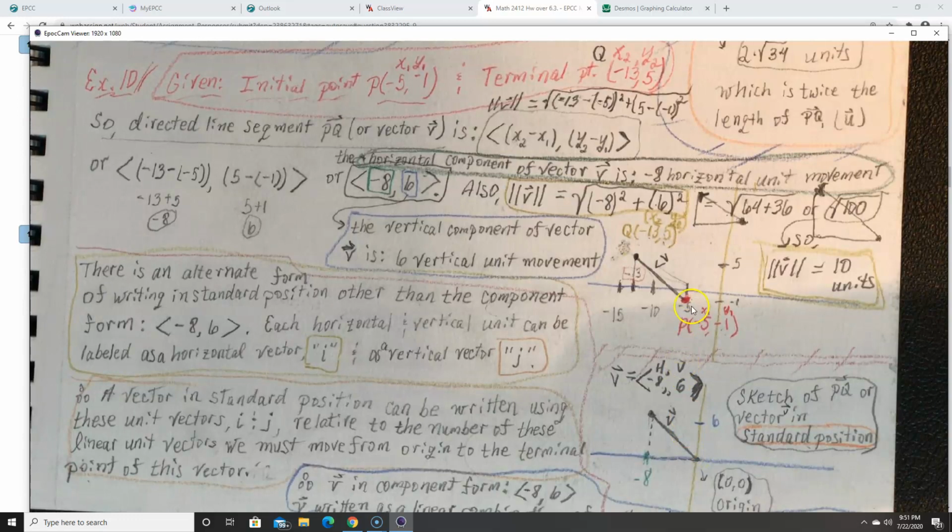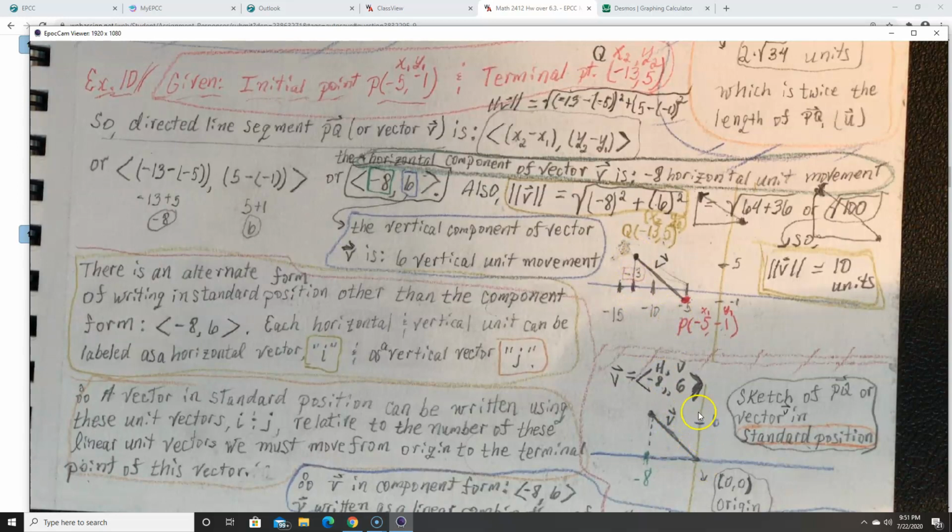It still has the same direction as directed line segment PQ, and it still has the same magnitude, the same length. So they are equivalent, yeah? Okay, so then the other question was to write this vector now in component form, which means how much is the movement? You can think of it in two ways. From the initial point to the terminal point, what is the horizontal movement component value? -8. What's the vertical component value? That's 6.